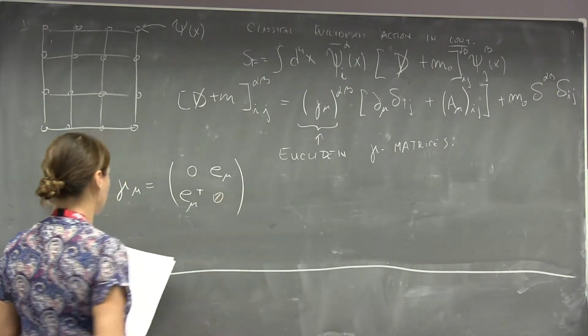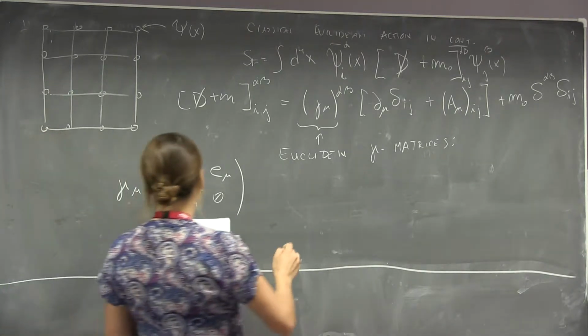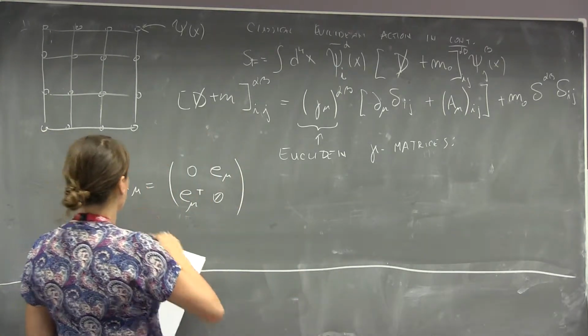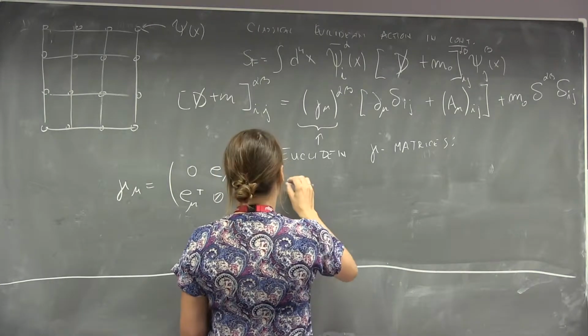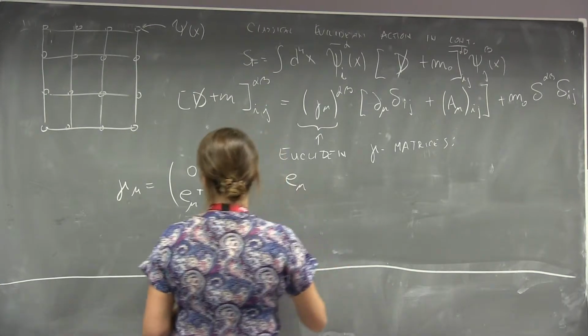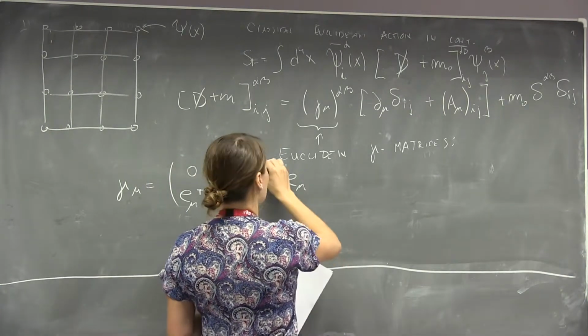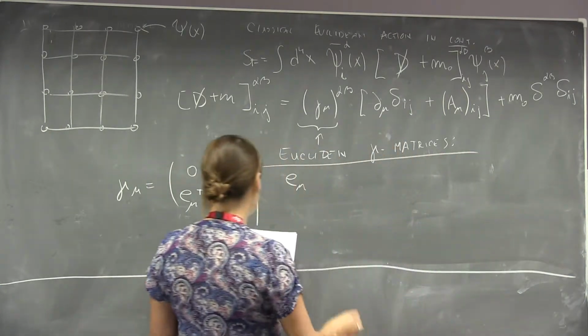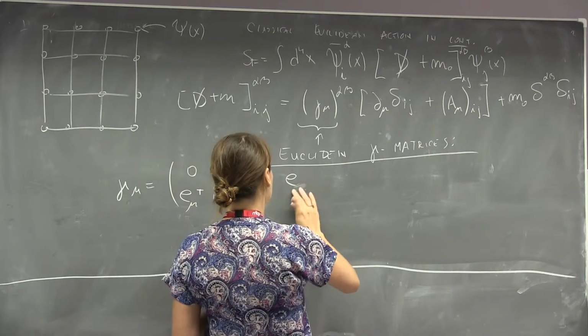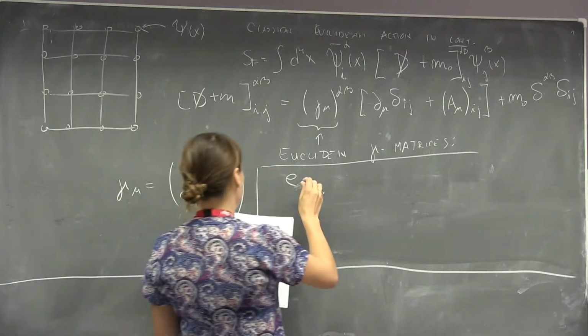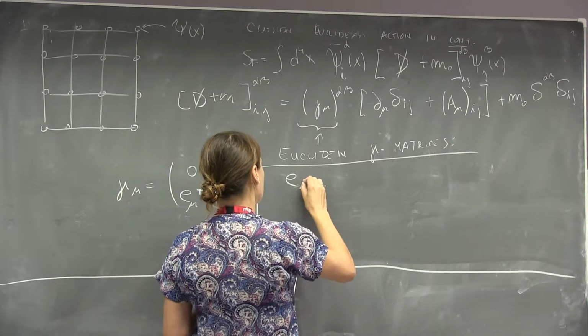These are 2 by 2 blocks, so it's a 4 by 4 matrix acting on Dirac indices, and these 2 by 2 matrices are defined as follows.